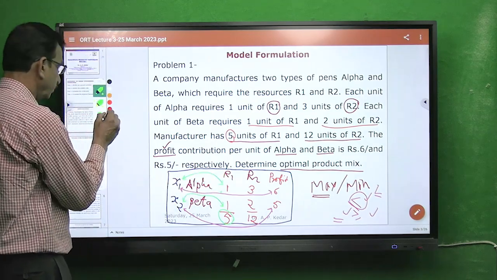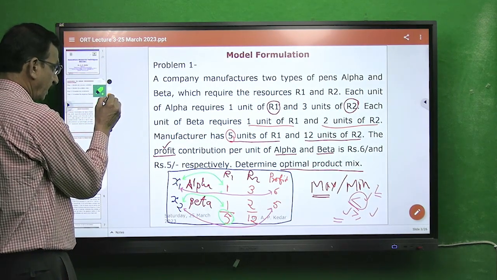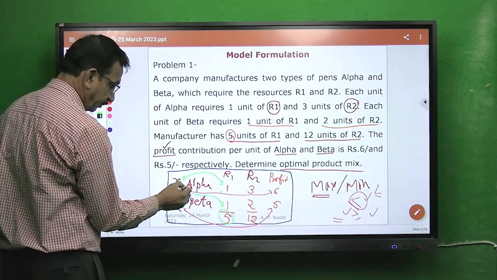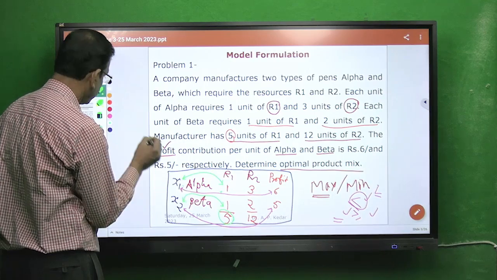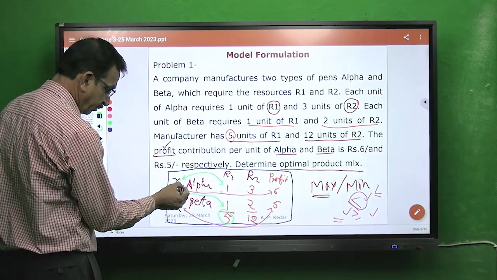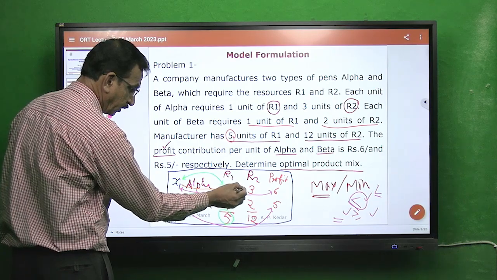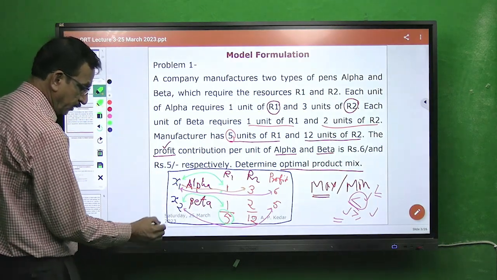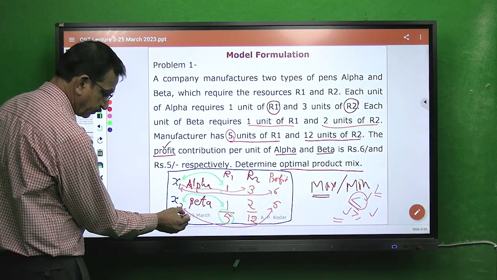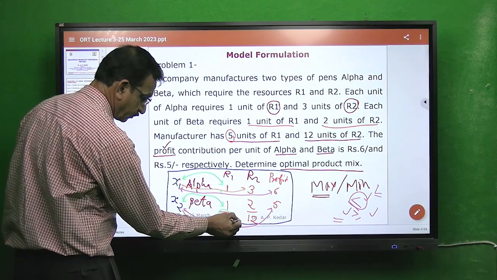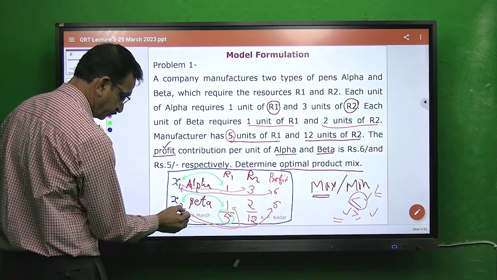Similarly for R2, it will be multiplication of x1 with R2, that is 3, and x2 with R2.